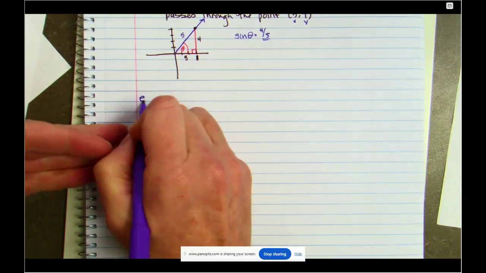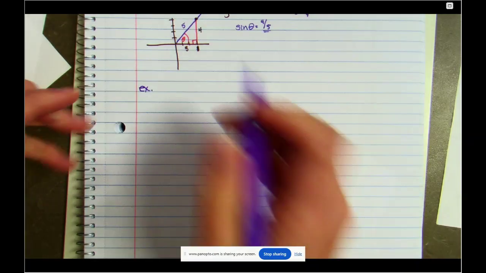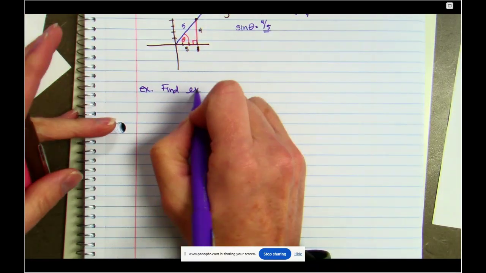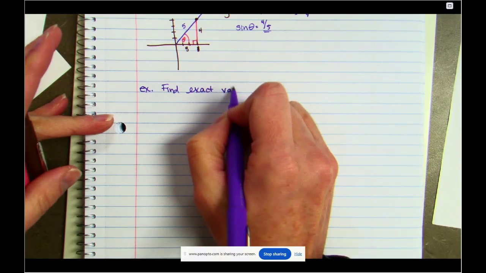Okay, so let me give you a couple examples. Let's say find the exact value. That just means no decimals, right?